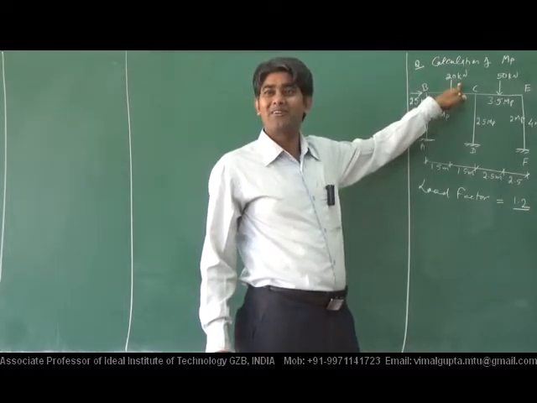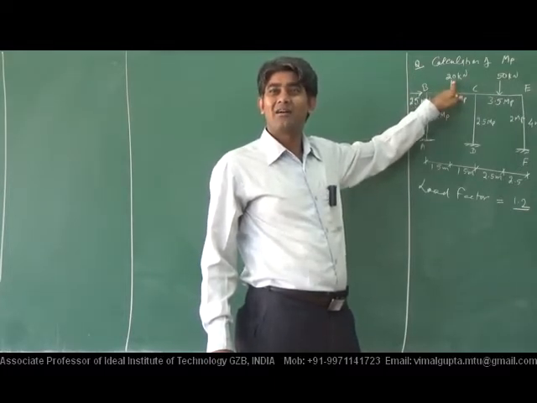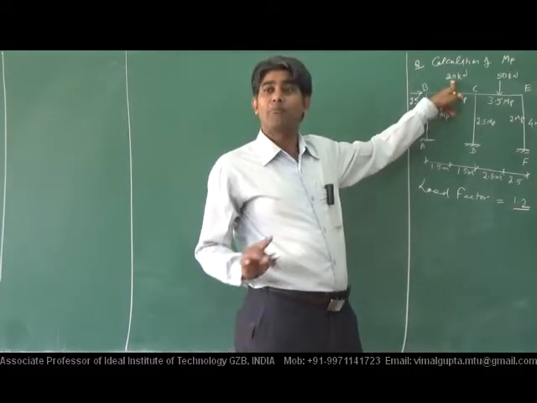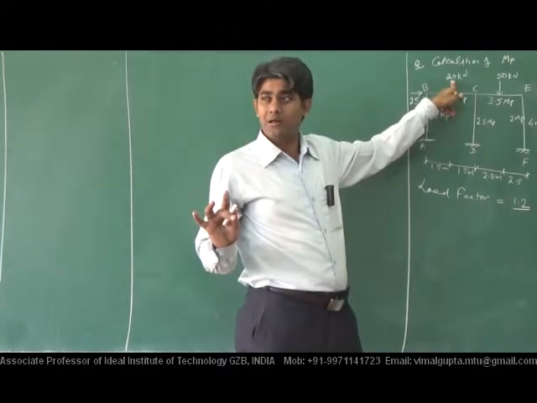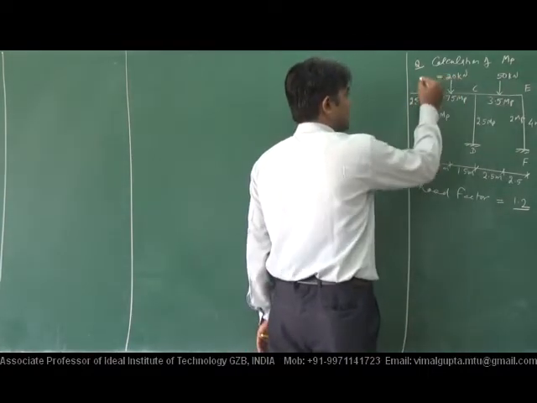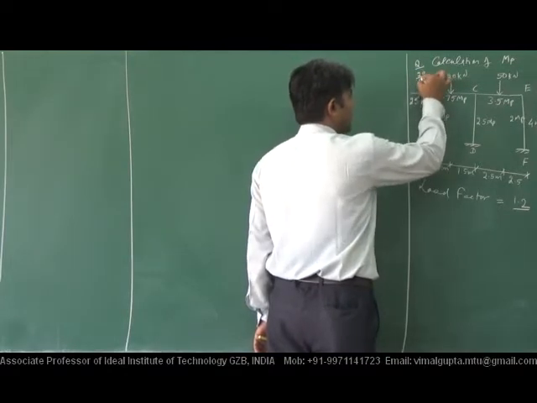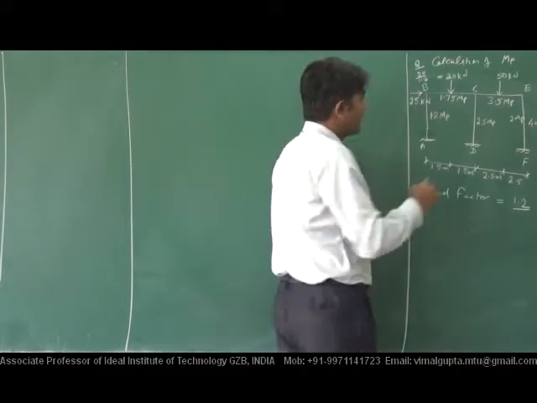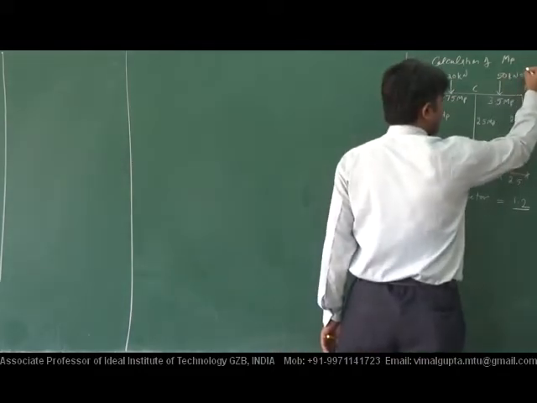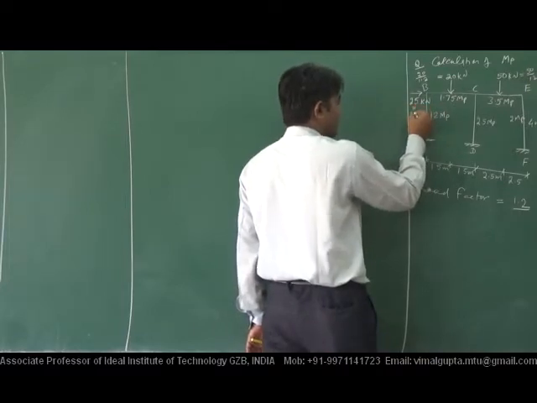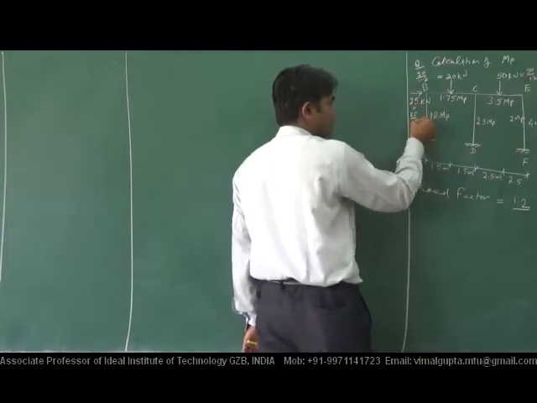That will be 20 divided by 1.2. Clear to everybody? If the load factor is this, then the working load will be 20 divided by 1.2. For the others it will be 50 upon 1.2 and 25 divided by 1.2.